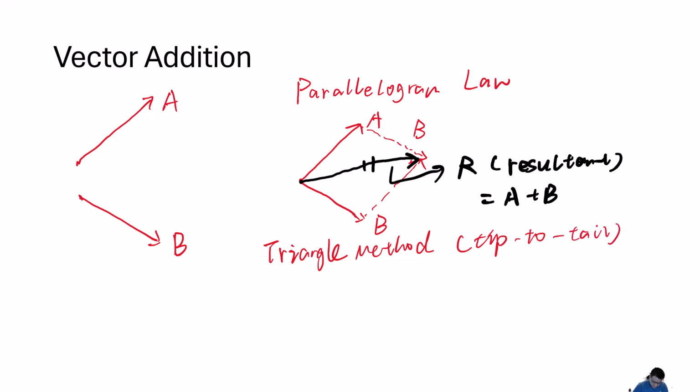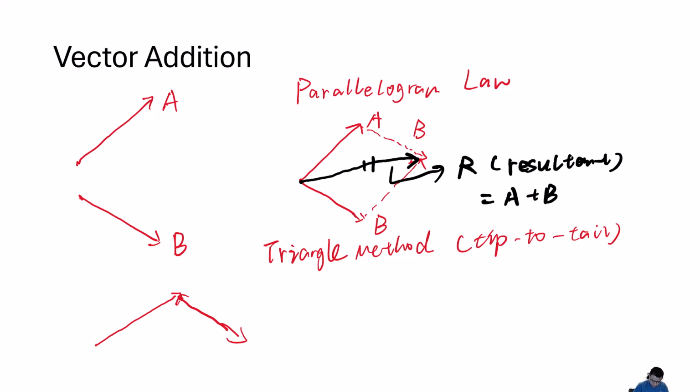So again, we calculate the addition of vectors A and B. We just draw vector A here, vector B here. The way we do the triangle method is we draw the second vector at the tip of the first.